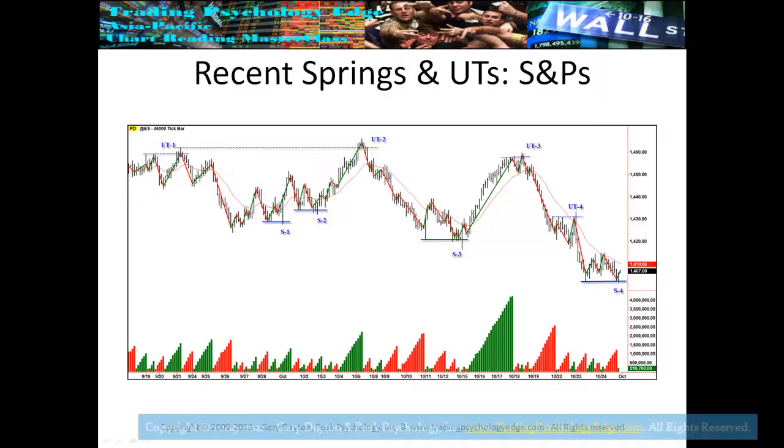upthrusts. And you can see you've got an upthrust. You got 1, 2, 3, 4 good upthrusts that did really well, and you got 1, 2, 3, 4 good springs that did quite well as well.